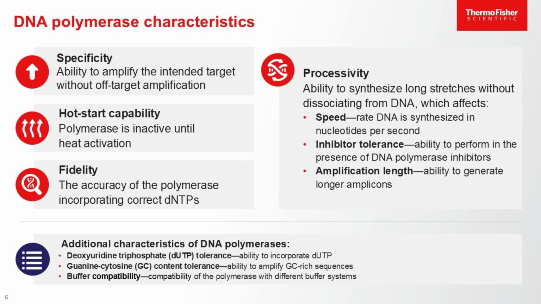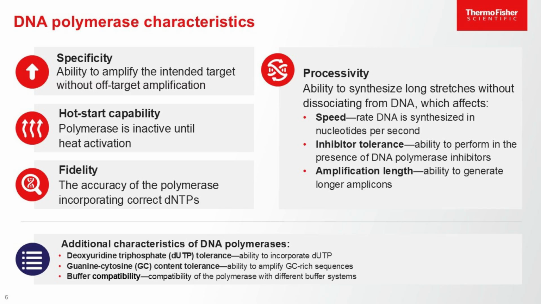Processivity, the ability to synthesize long stretches without dissociating from DNA, which affects reaction speed, inhibitor tolerance, and amplicon length. Other important factors include dUTP tolerance, or the ability to incorporate dUTP, GC-rich sequences amplification, and buffer compatibility.